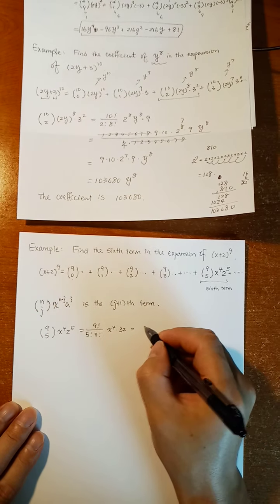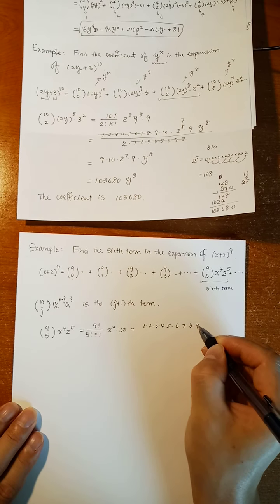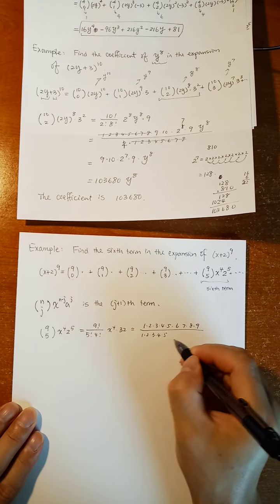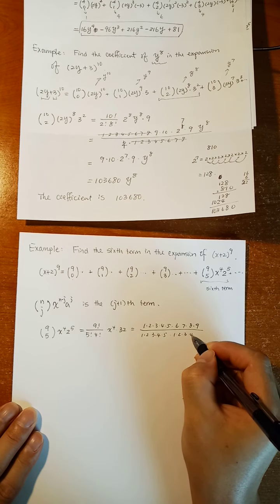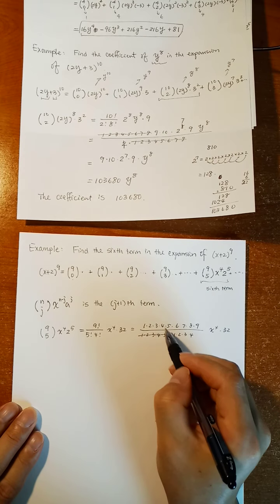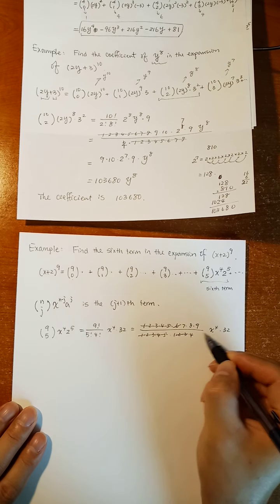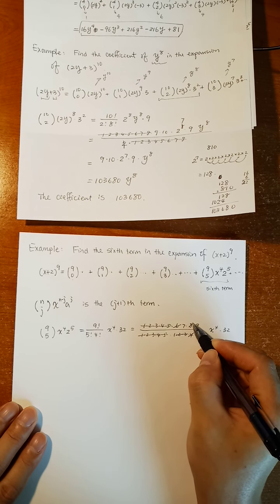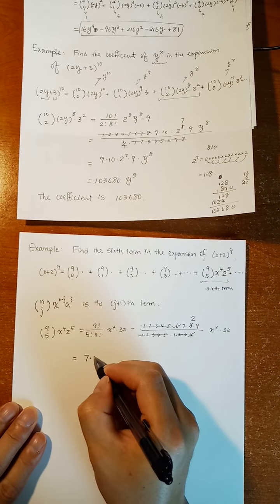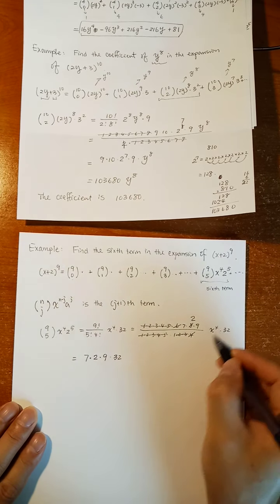So it's 1, 2, 3, 4, 5, 6, 7, 8, 9 over 5 factorial, 1, 2, 3, 4, 5, over 4 factorial, 1, 2, 3, 4, times 32, x to 4. 1, 2, 3, 4, 5 cancelled. 2 times 3 is 6. 4 cancelled with 8, you get 2. So the denominator is 6 times 2 and the numerator is 9 times 32 times x to the 4th power.